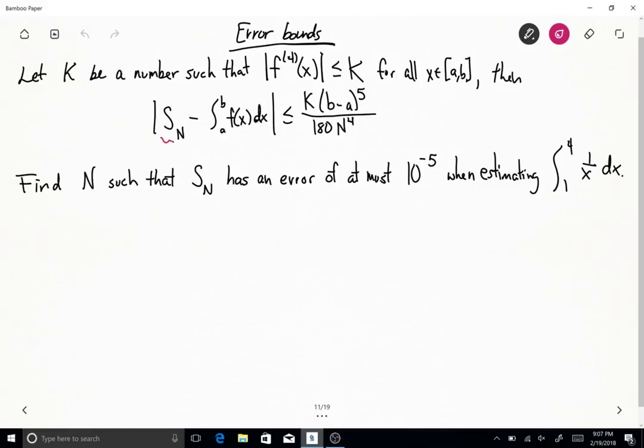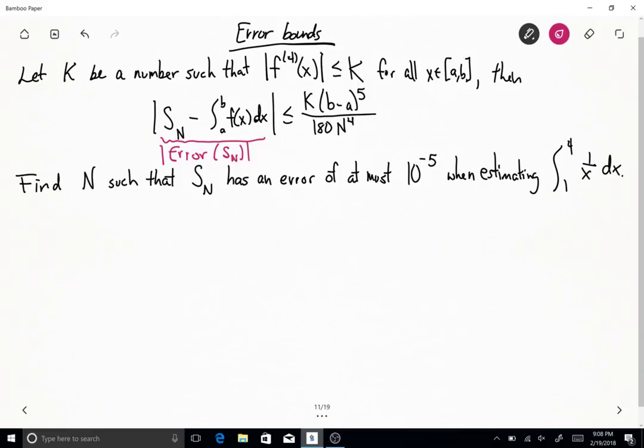So the error of Sn, and I'll put absolute value there just in case it's negative, will always be less than or equal to k times b minus a to the fifth, where b minus a is just the associated interval we're working with, over 180 n to the fourth.